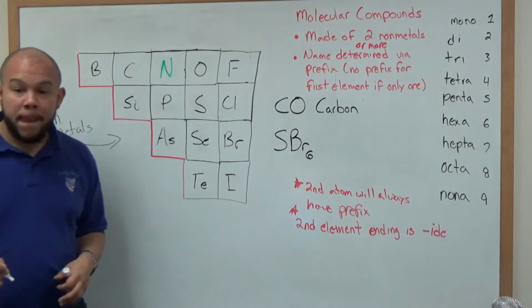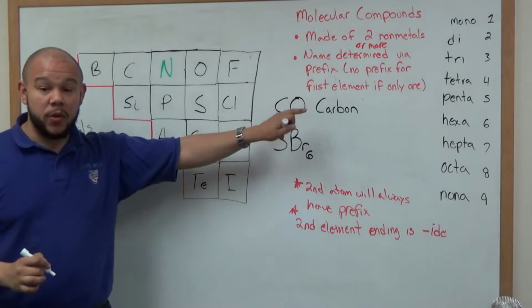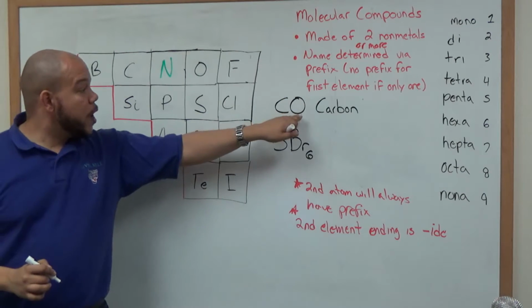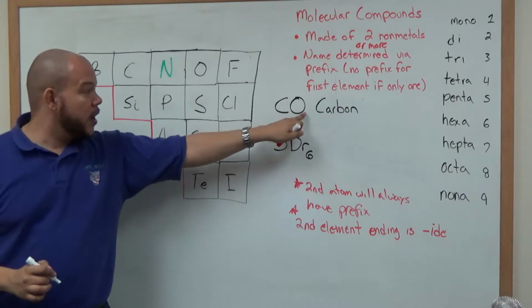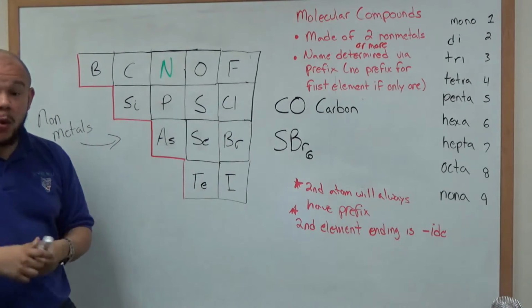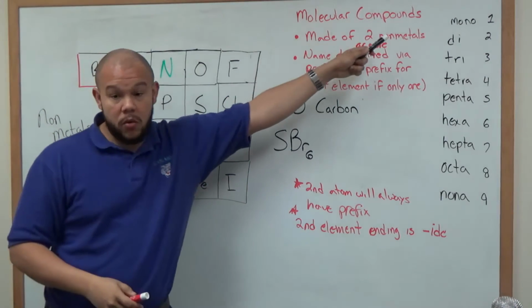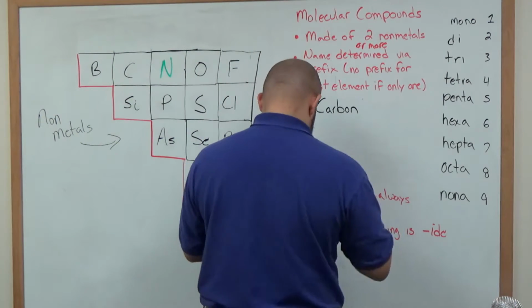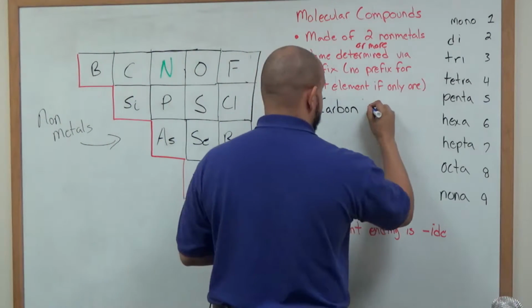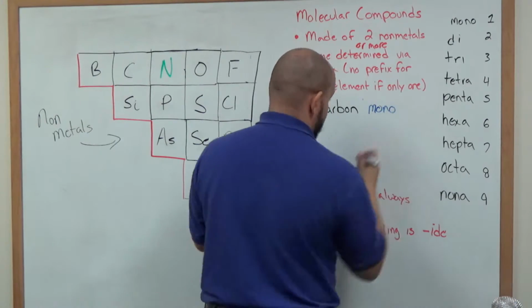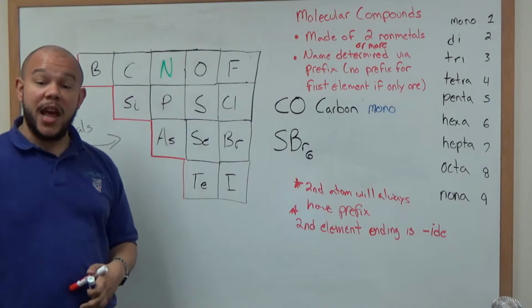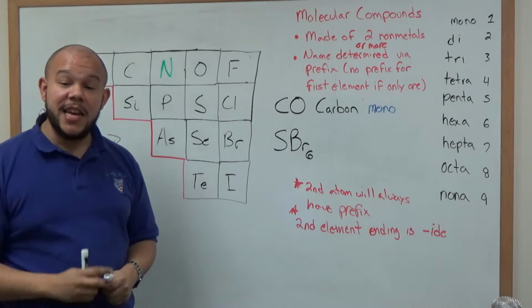Remember, the second element always has a prefix. We only have one here. Remember, a 1 is assumed here. We just don't write it. We have a 1 here, so we must go to the table and write mono. And remember, we changed the element name to show IDE on the end.